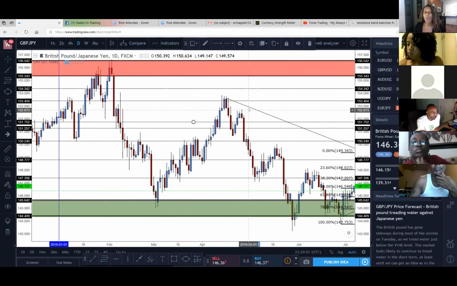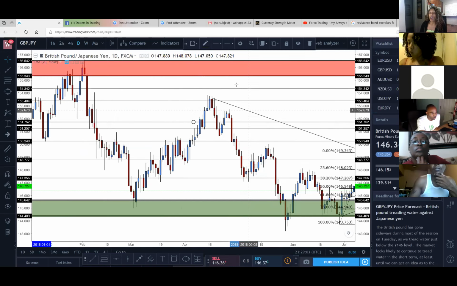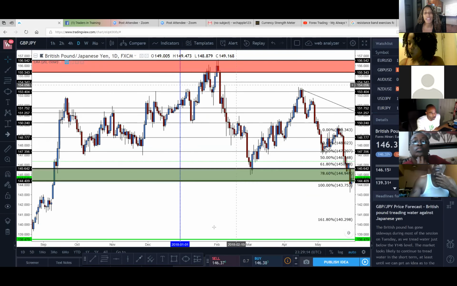That is the top of the chart. But at the top of the chart, our goal is to find the engulfing candle. So once you're at the top, great, wonderful. Where's the engulfing candle?